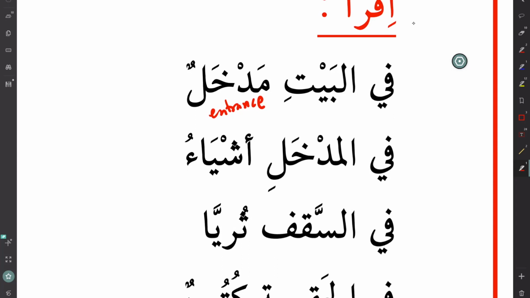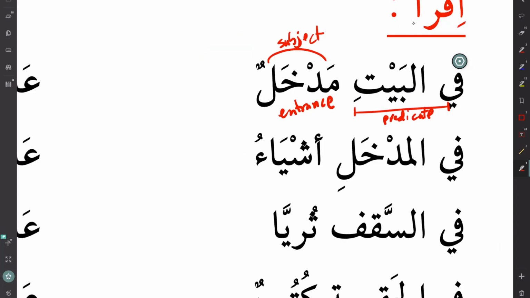When you say fil bayti madkhalun, which one is your subject and which one is your predicate? So here fil bayti is your predicate, and the madkhal is the subject.